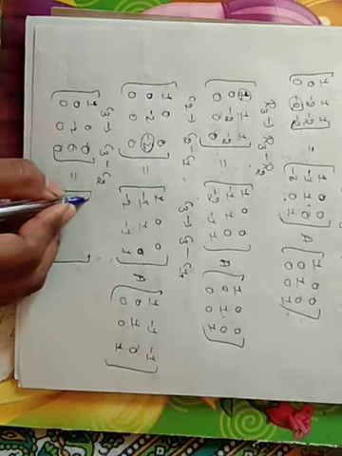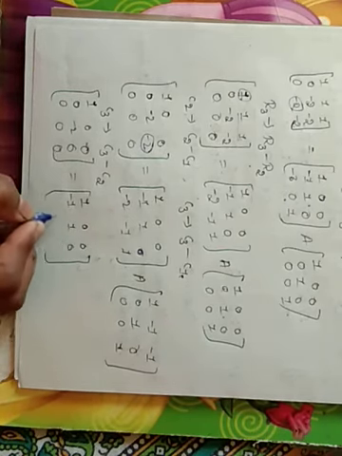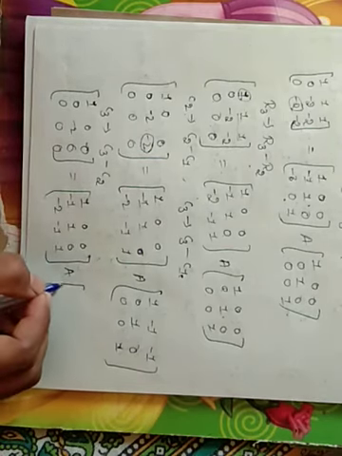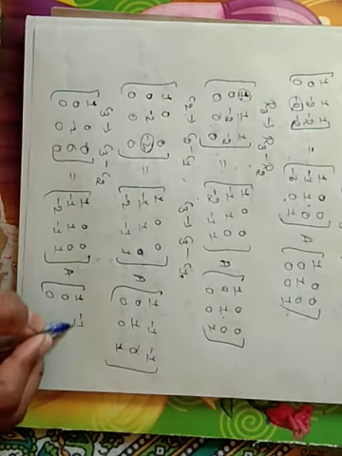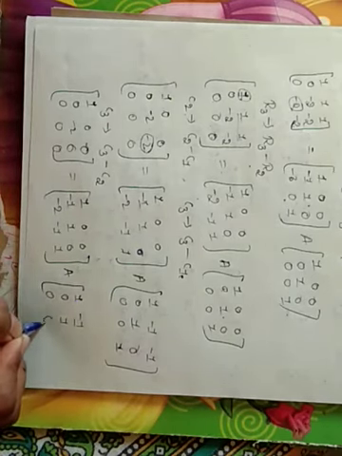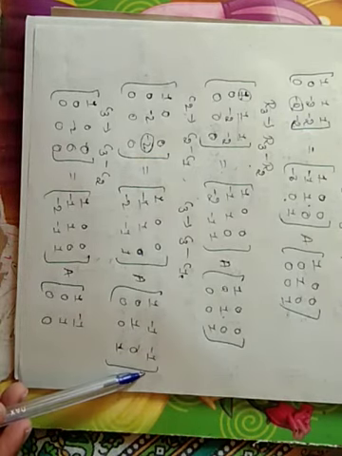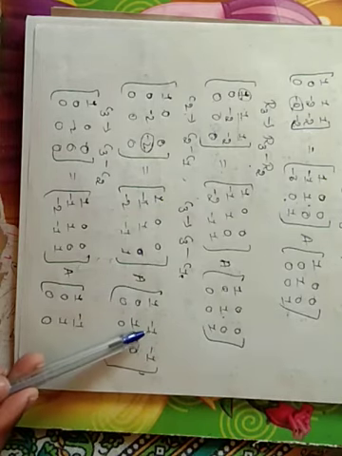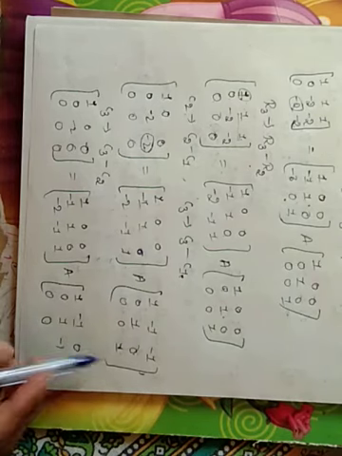And this matrix will be written as it is. Keep A as it is. Write the first column elements. Second column elements also the same. In the third column, apply the transformation C3 tends to C3 minus C2. Minus 1 minus of minus plus 1, 0. 0 minus 1, minus 1.